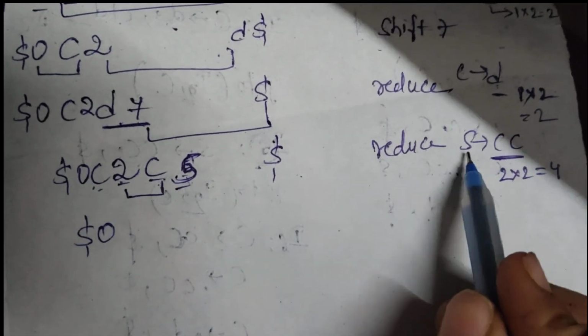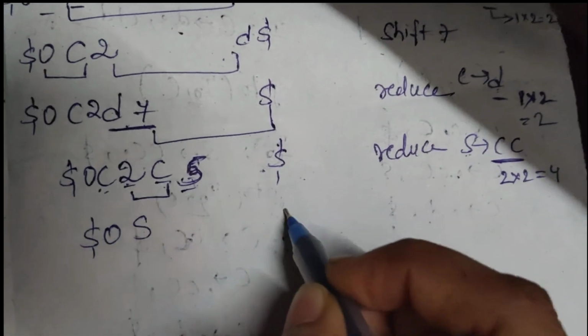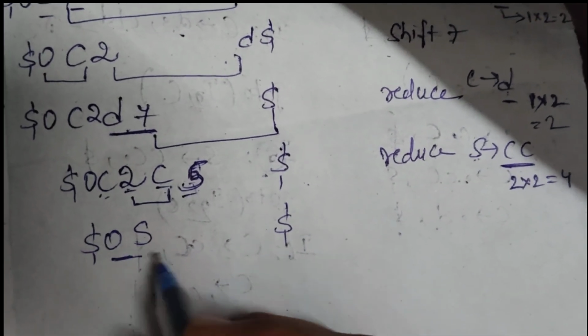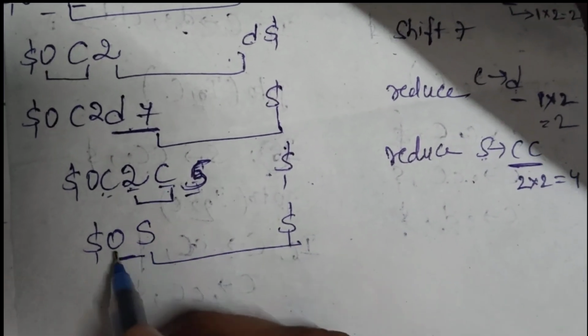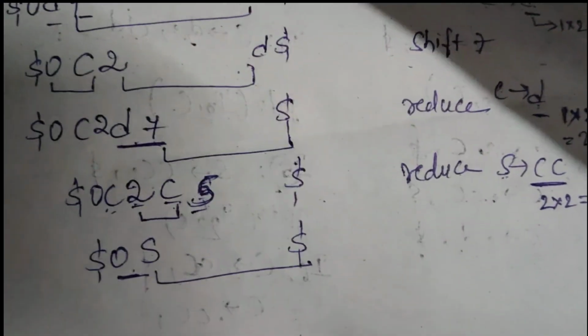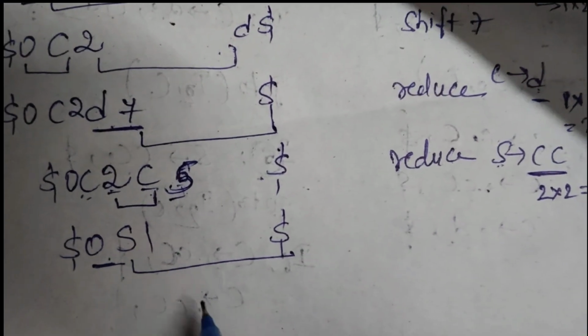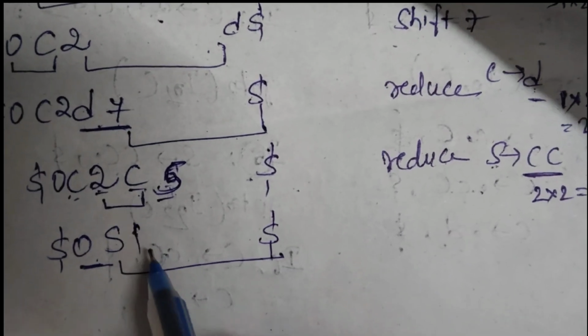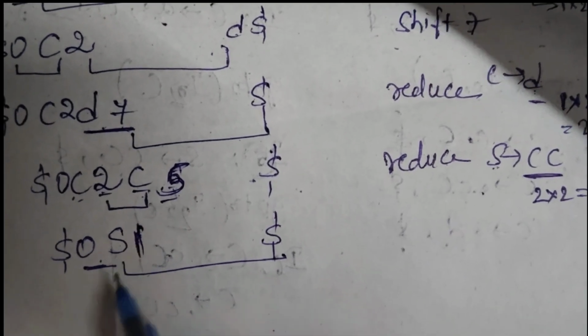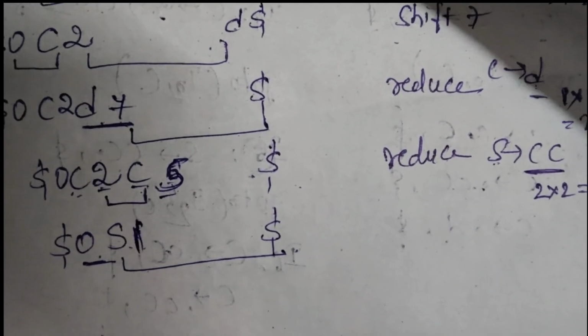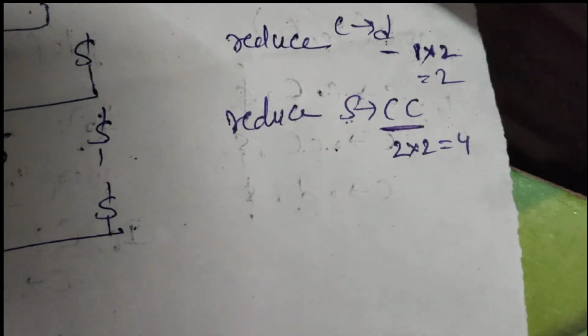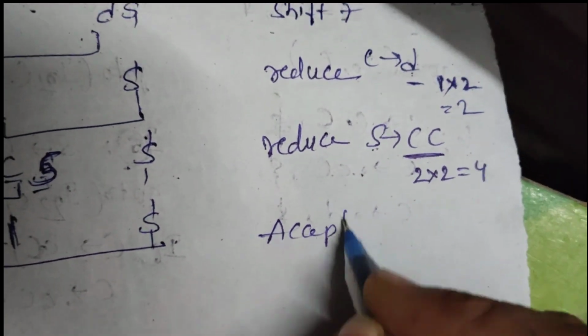We'll be popping this and we'll be pushing this element here. Dollar. So 0. Do we have S and dollar? No. But we have 0 and S. What is 0 and S? 1. So in the next step we don't write; here only we write. So 1 and dollar. 1 and dollar is accept. So your string is accepted.